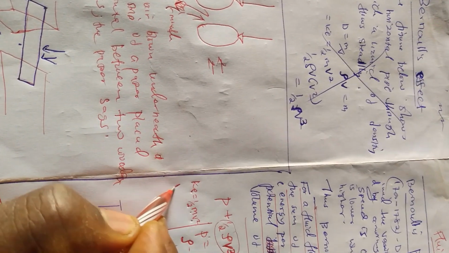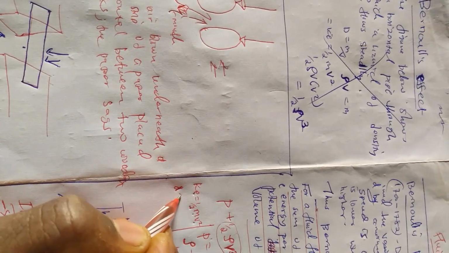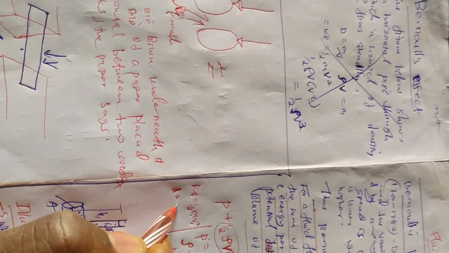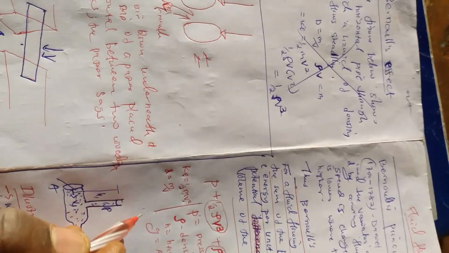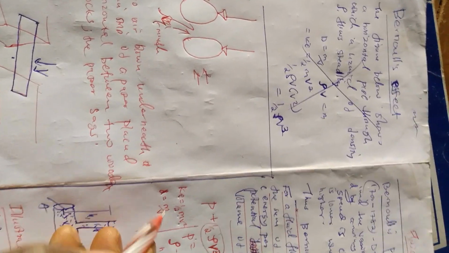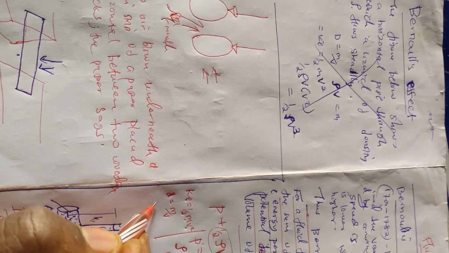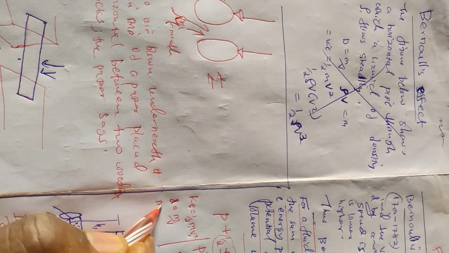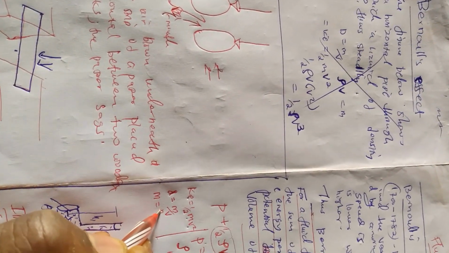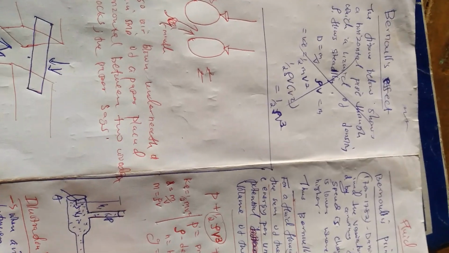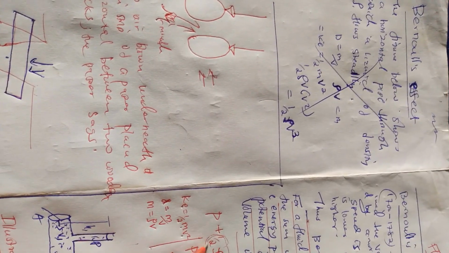But from density, from junior classes, we know density equals mass over volume. Now I want to make m the subject, so if we multiply both sides by volume, we have mass as the density times the volume.